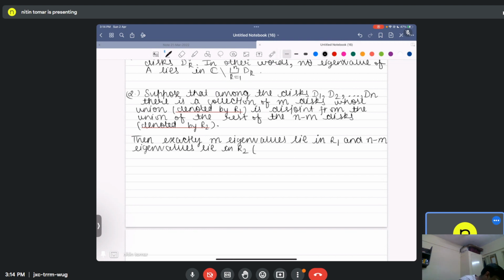Of course, we are counting with algebraic multiplicity.